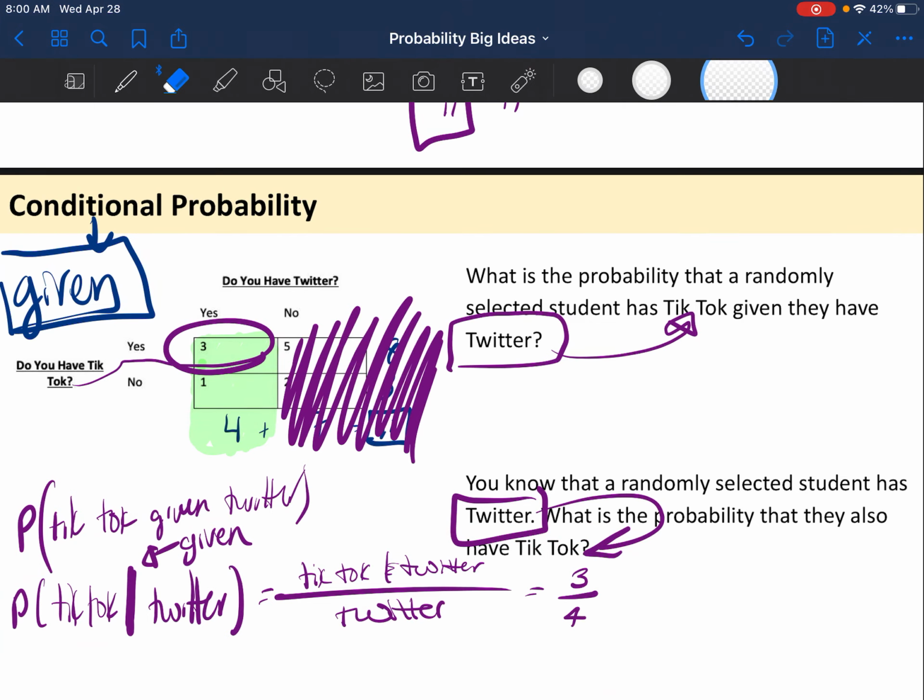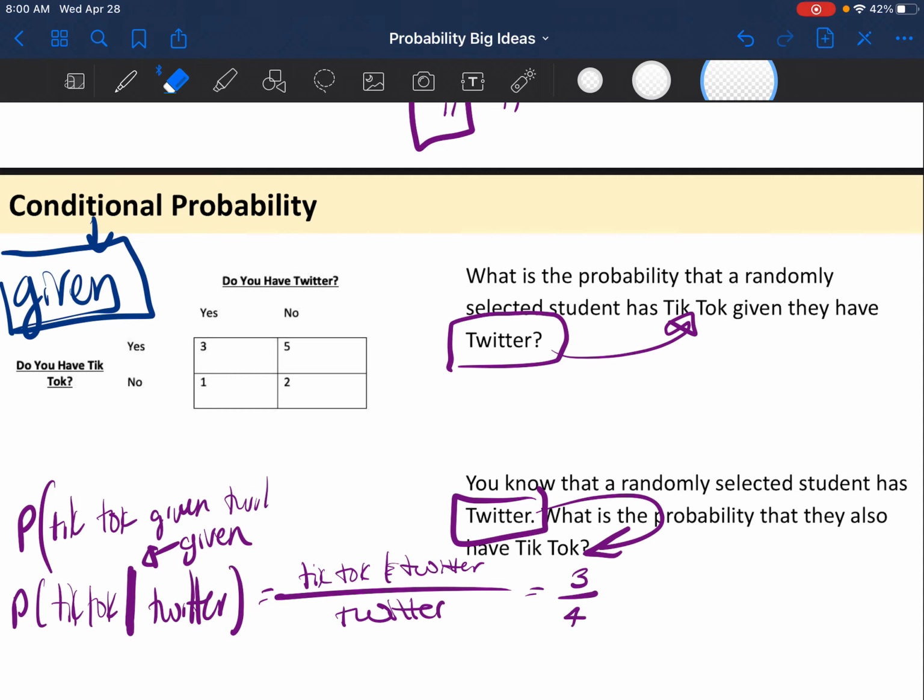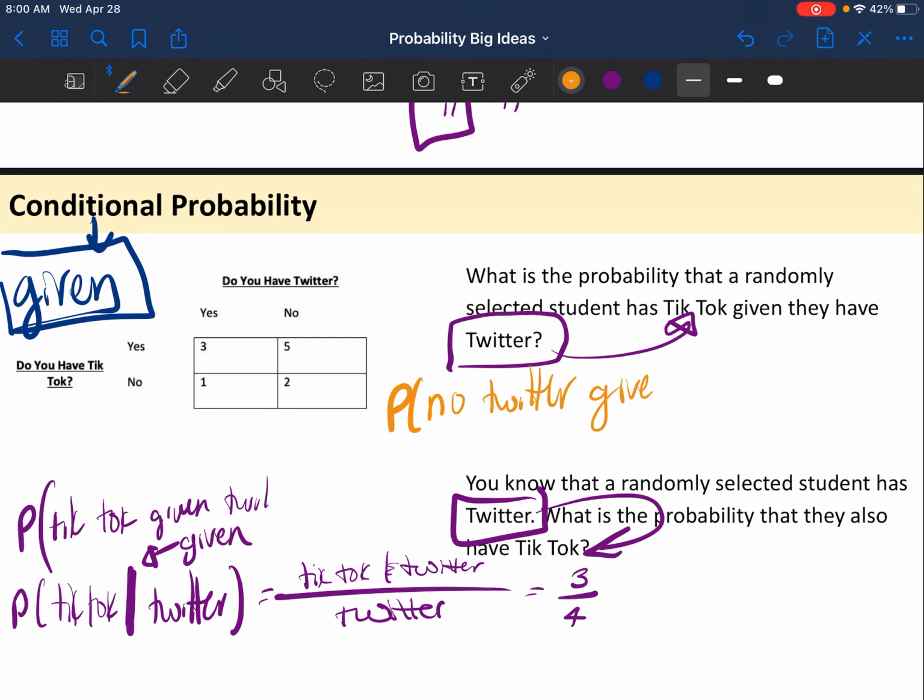So let's do another one. And I will erase this. What is the probability of having no Twitter given you have TikTok?